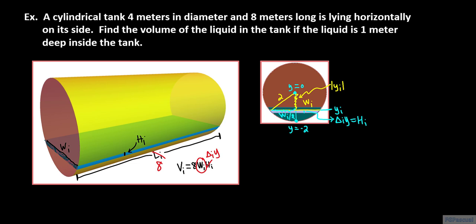And now we apply the Pythagorean theorem. And so w sub i over 2, quantity squared, plus y sub i squared equals 2 squared. Solving for w sub i, we get that w sub i equals the square root of 16 minus 4 y sub i squared.